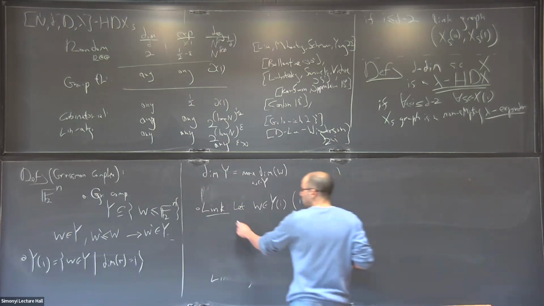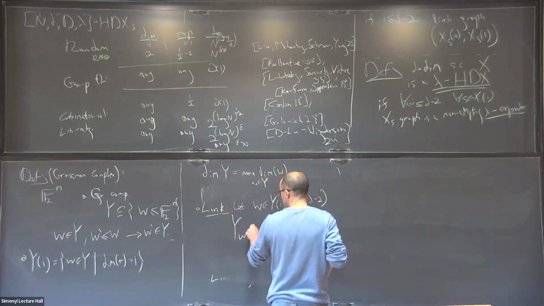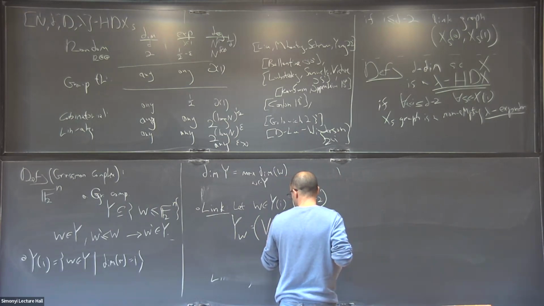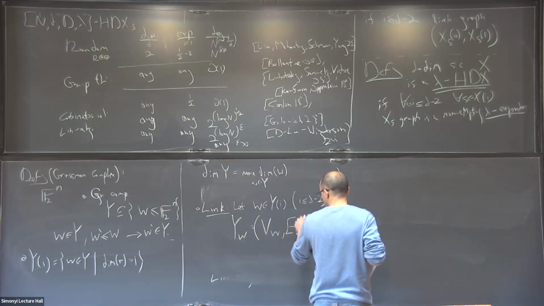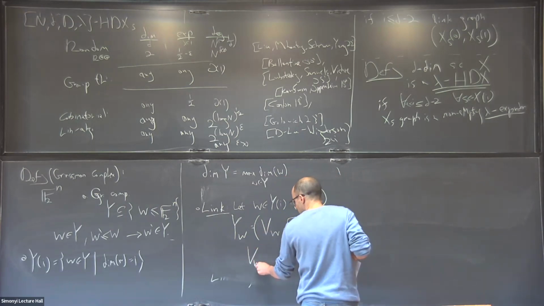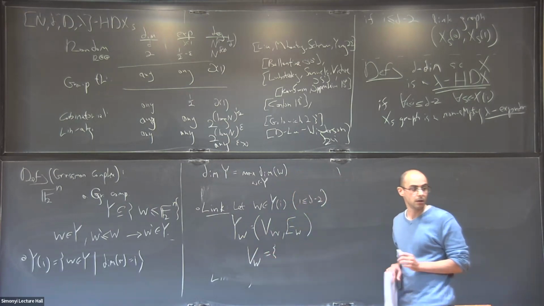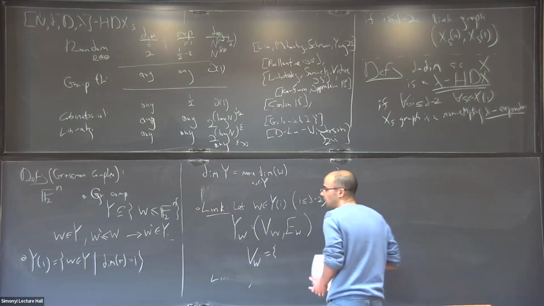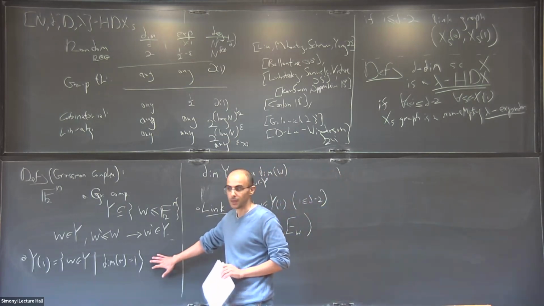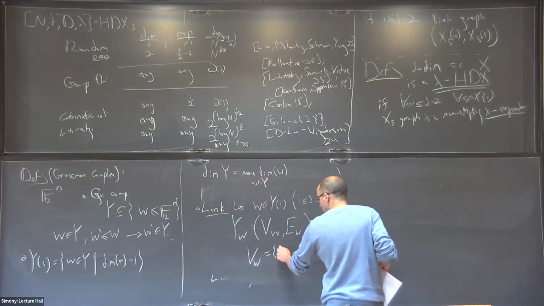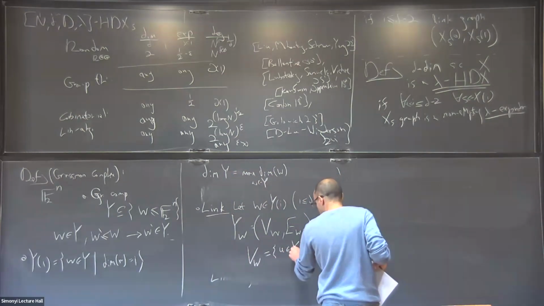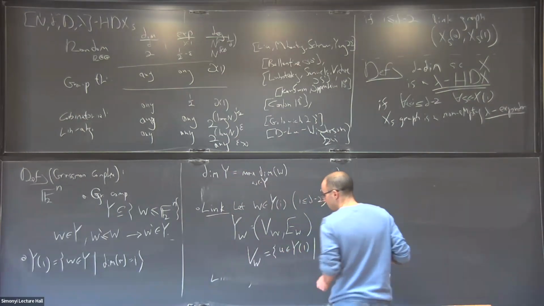So the link graph, which I'll denote by YW, will have the following vertex set and edge set. So the vertex set is going to be a subset of the lines in Y. So what are lines? These are just one-dimensional spaces. So let's say all U in Y1.